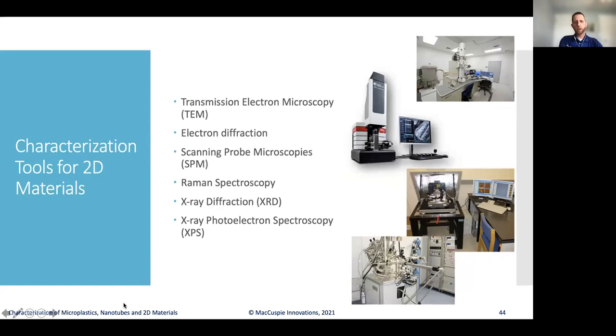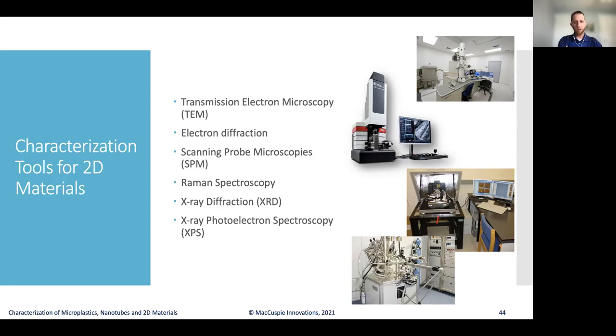For the various characterization tools for 2D materials, again, a lot of familiar friends, if you will, in this space. Transmission electron microscopy is, again, a key characterization tool, along with electron diffraction in TEM.